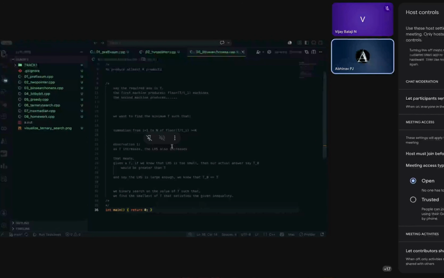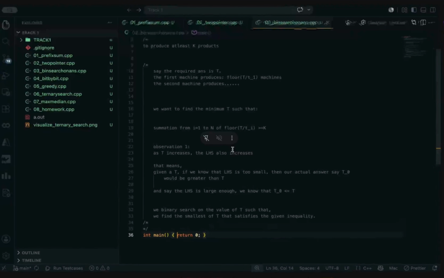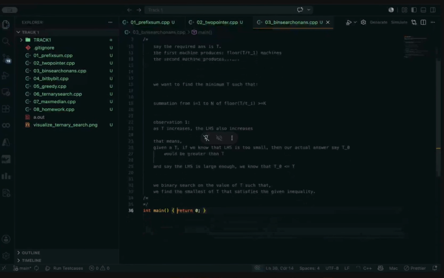Okay, coming back to our binary search question, I hope you have understood the algorithm. If not, we will implement this right away and see how efficient this algorithm turned out to be.